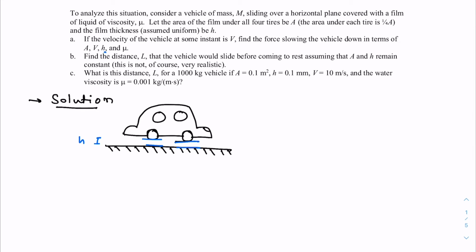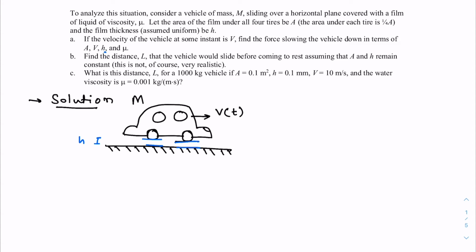We are also given the water viscosity, which is mu, and the combined area of all the four tires is A. This car is moving with velocity v in the forward direction, and the mass of the car is capital M.